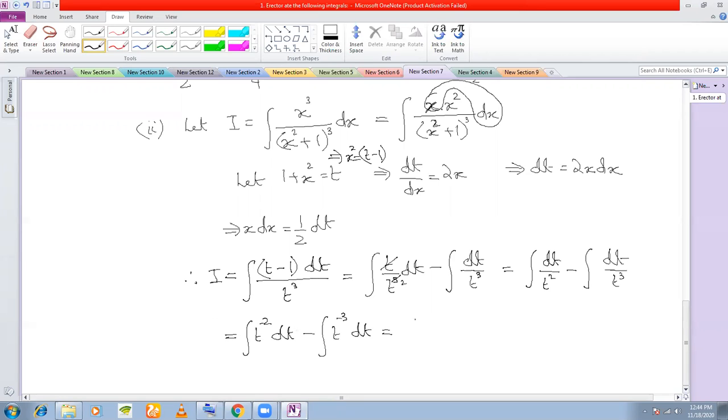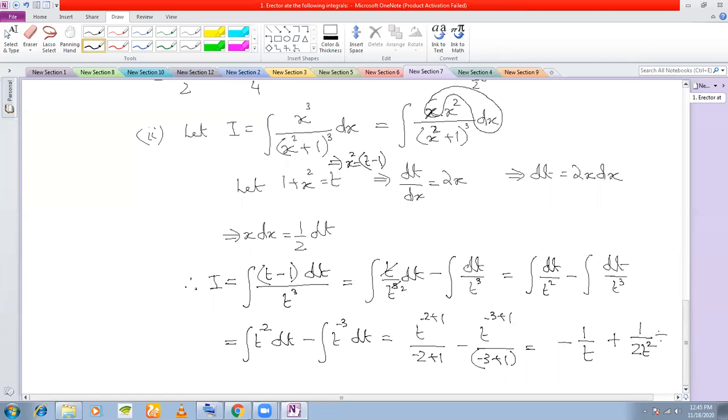Apply that x to the power of n formula. You have t to the power of minus 2 plus 1 by minus 2 plus 1 minus t to the power of minus 3 plus 1 by minus 3 plus 1. Okay, so this becomes minus 1 by t, and this becomes plus 1 by 2t square.